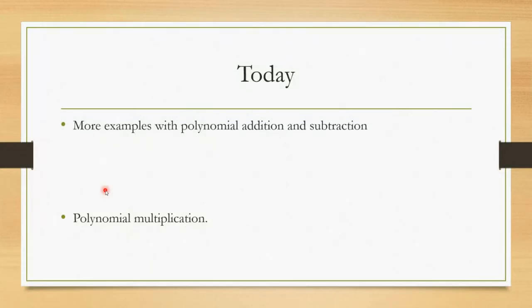And depending on how far I get, I want to start polynomial multiplication. That is treated in a similar way to polynomial addition and subtraction, in that first we'll start with monomials. Then we'll get to polynomials, okay?